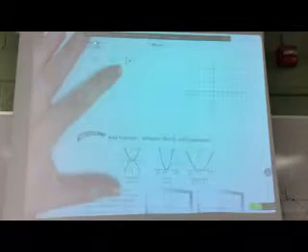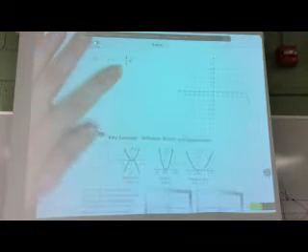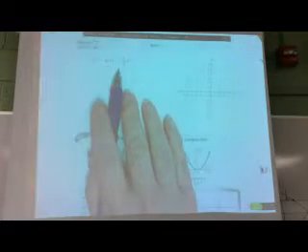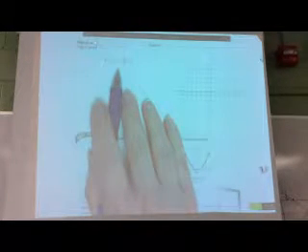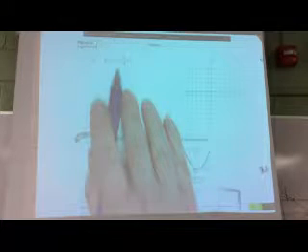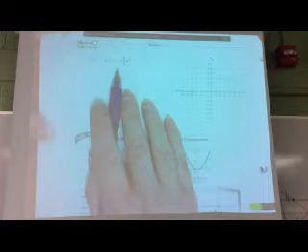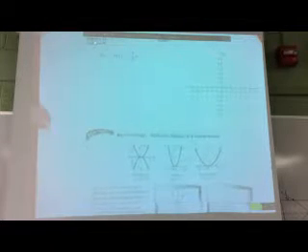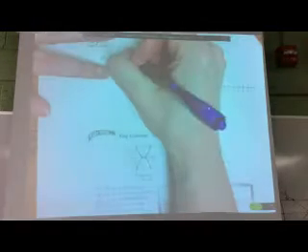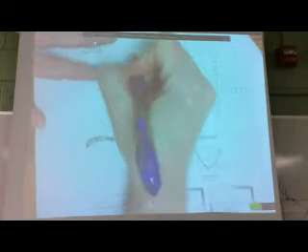What I want to point out about this particular example here is that we have a negative in front of a. What do you think that negative in front of a has anything to do with? This is reflection over the x-axis. Yes.